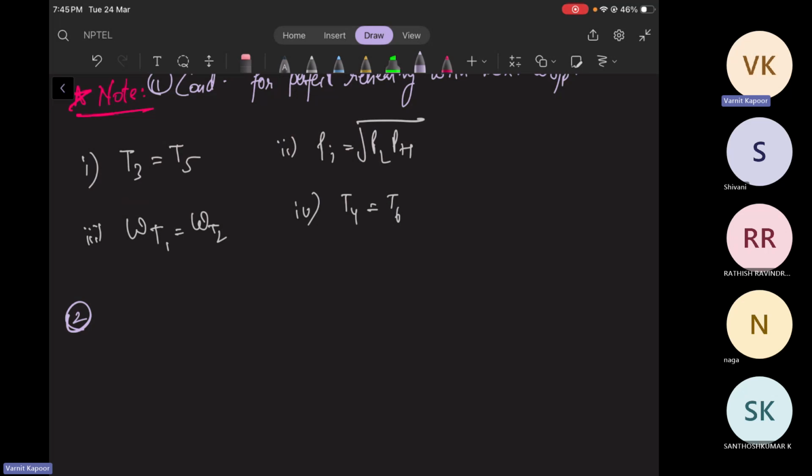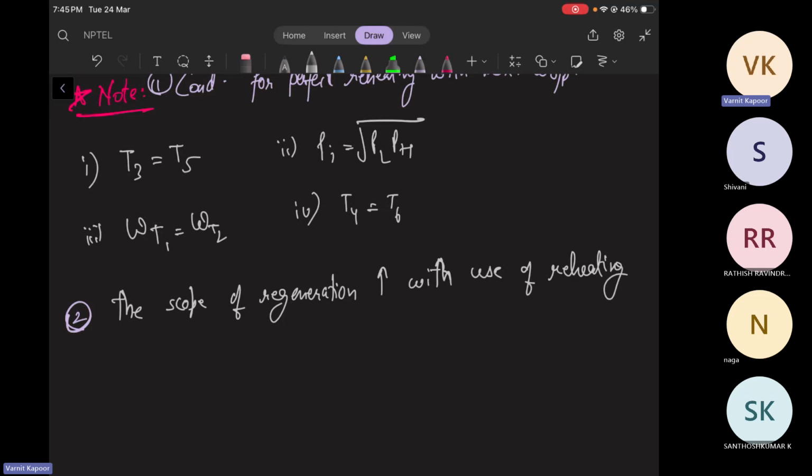So I can write the point here: the scope of regeneration increases with use of reheating, because turbine exhaust temperature increases.